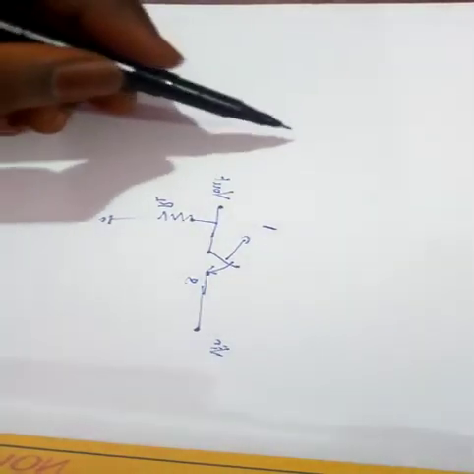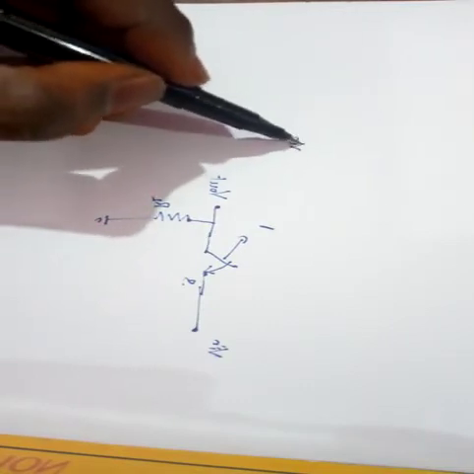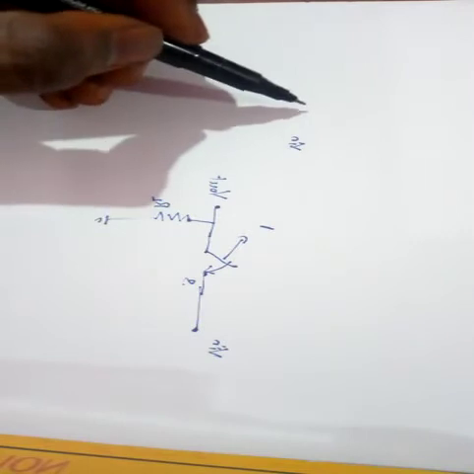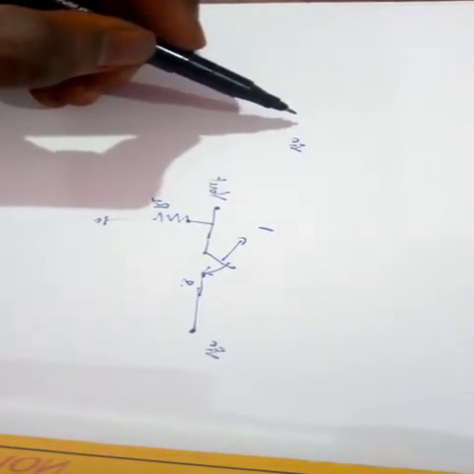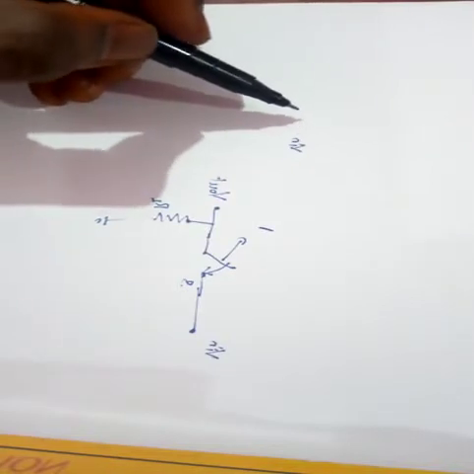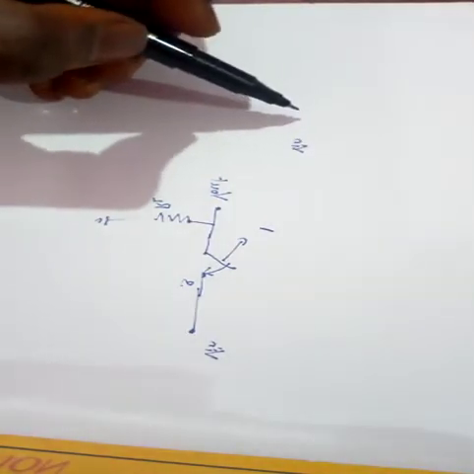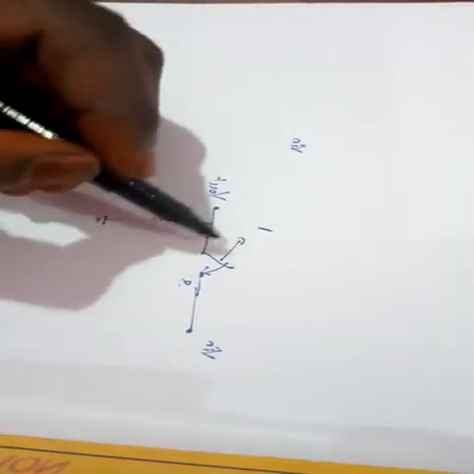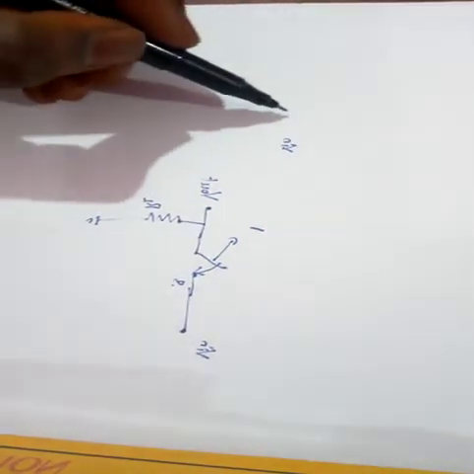If I draw it as a truth table, so V in. The input given to turn on and off the switch is the control voltage.